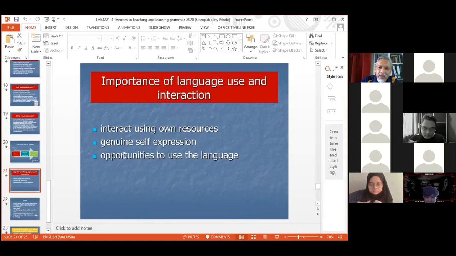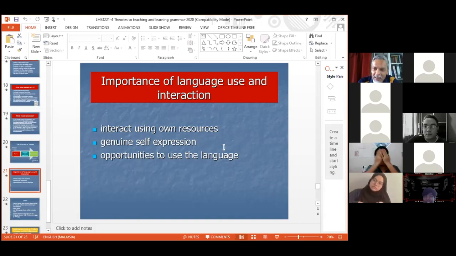And genuine self-expression, meaning they really want to say something, not because the teacher is expecting them to, but because they themselves really want to. At the point where they try to say something in English to express something they are interested in and really want to express, learning English actually has occurred.